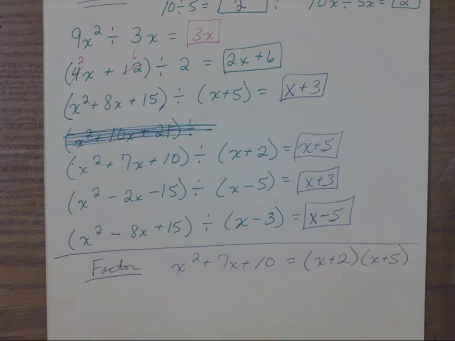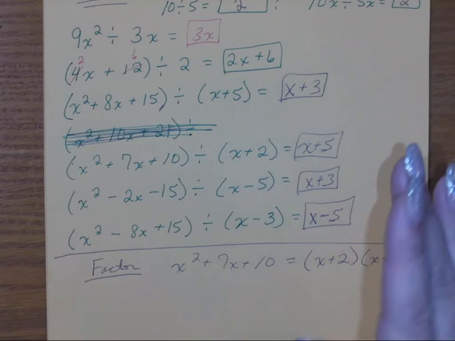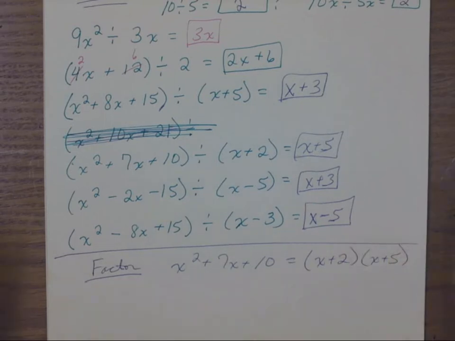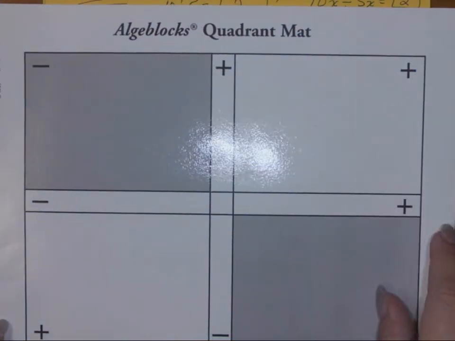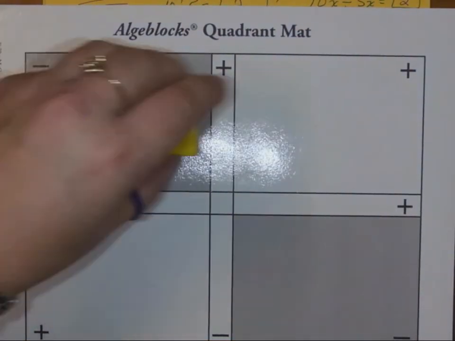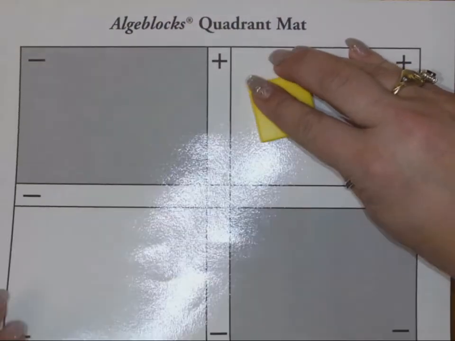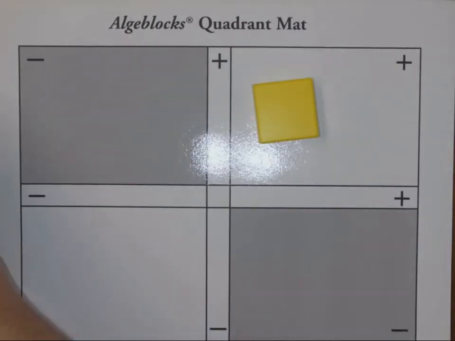But I'm not telling them, right? I'm not going to say, oh, the answer is x plus 2, x plus 5. I'm going to know that answer, and I'm going to have it maybe in my notes off to the side where I can compare later. But as I start working this problem, I'm not going to tell them, hey, the answer is this. I'm just going to say, hey, we're supposed to be doing x squared plus 7x plus 10.